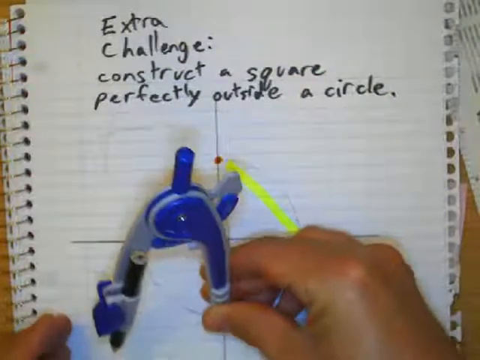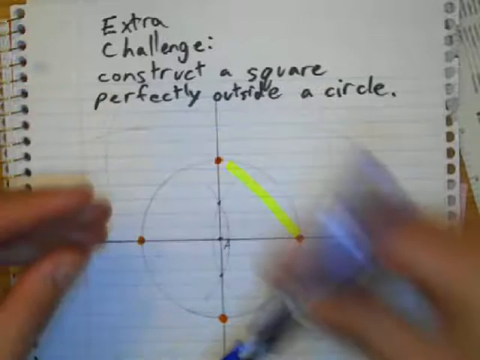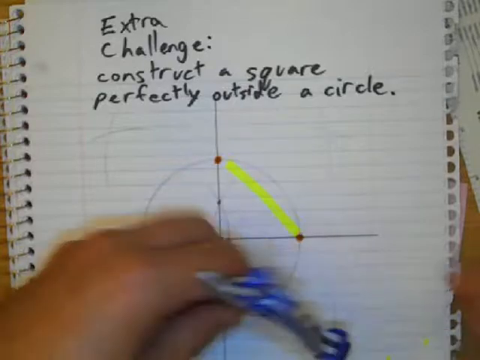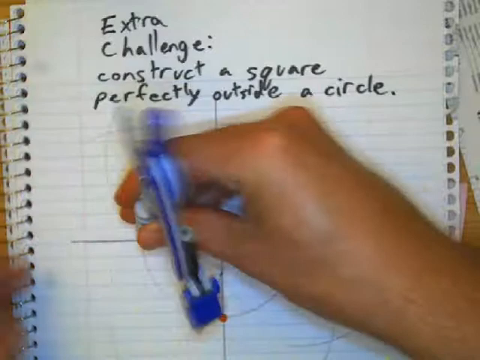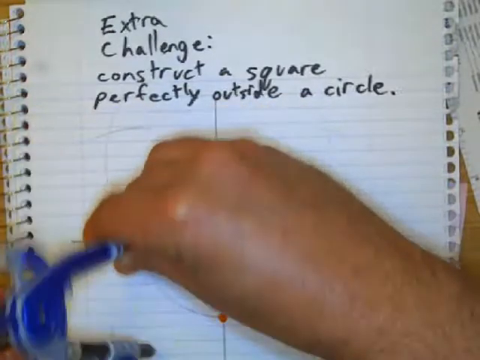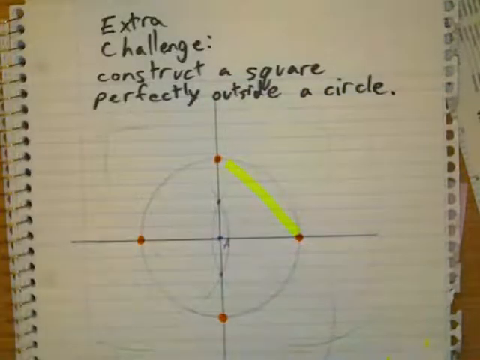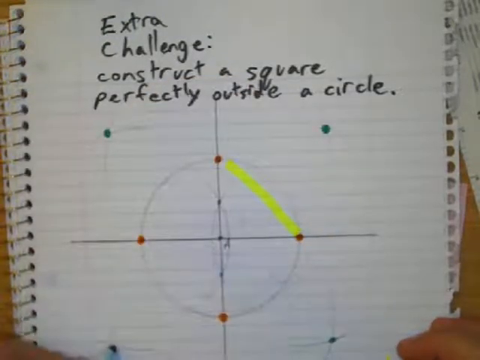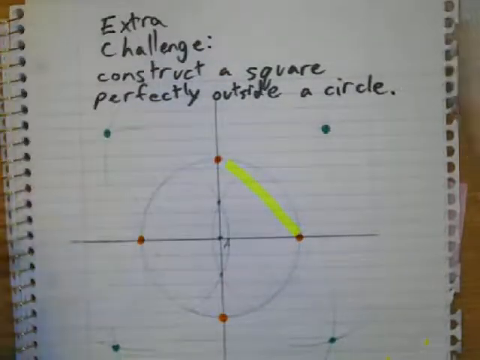Same thing, an arc here. At those places, just to make life easier, I'm going to put some green dots there. And if I connect those green dots, I'm going to get a square.